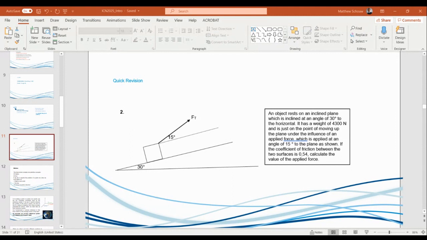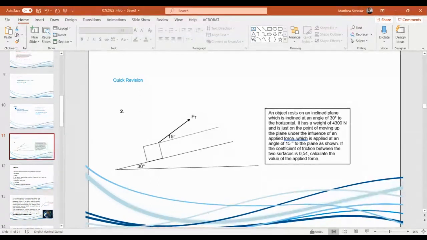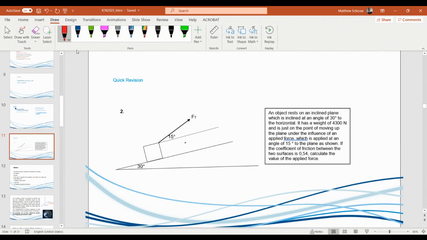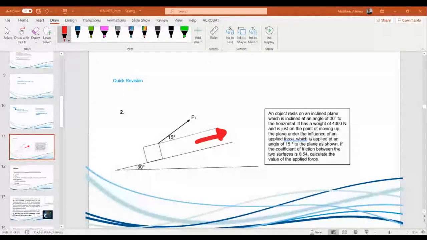But what's going to happen if this body had to actually move forward? Talk to me in terms of the horizontal forces here.